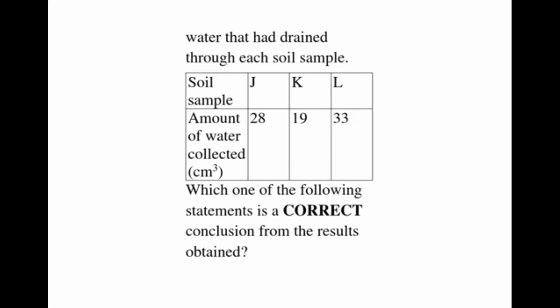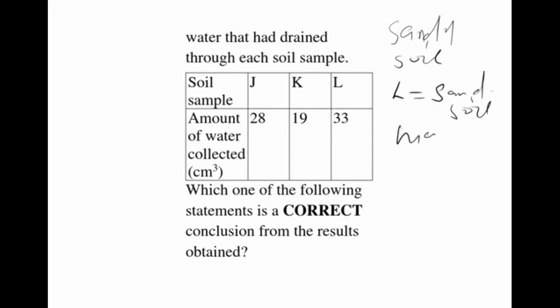Looking at the drainage of different samples of soil, the one that has the highest drainage is sandy soil. It is the soil that is going to allow more water to pass. So according to the experiment, L was sandy soil since it had the highest drainage.